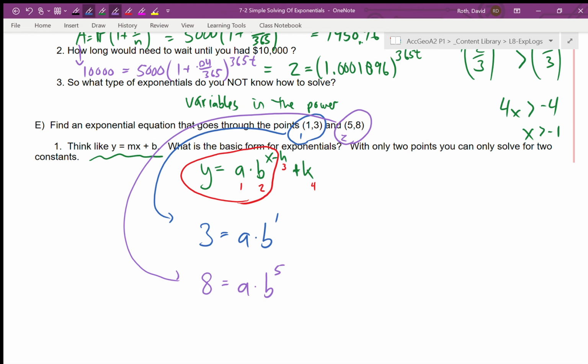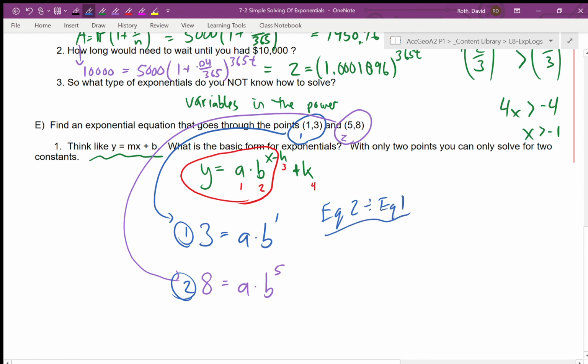Let me write the numbers down. This is equation 1, and this is equation 2, right? Can't I divide either equation 1 by equation 2, so that 3 divided by 8 equals the blue side divided by the purple side, or the other way actually works out nicer in this case. Equation 2 divided by equation 1. So I'm going to say equation 2 divided by equation 1.